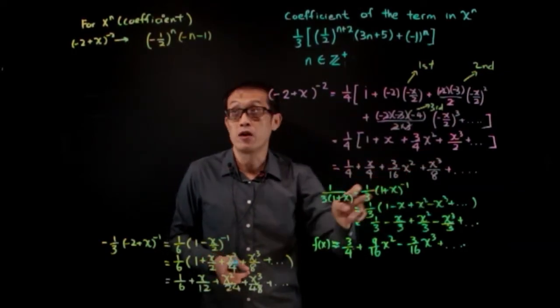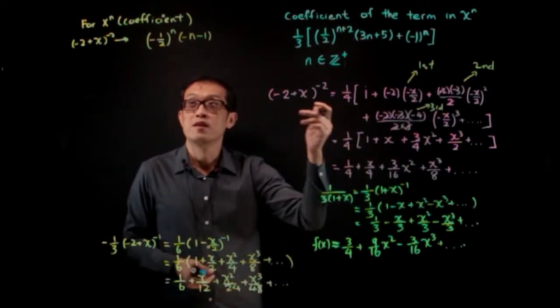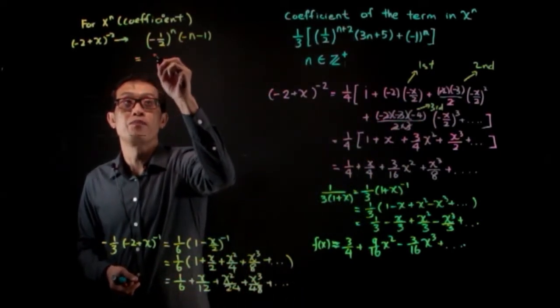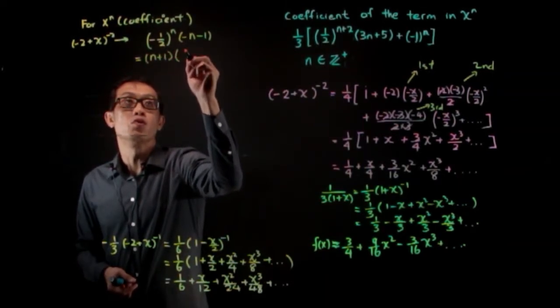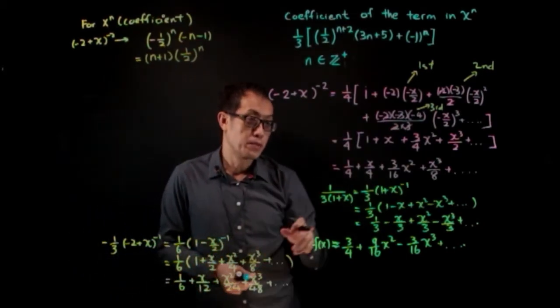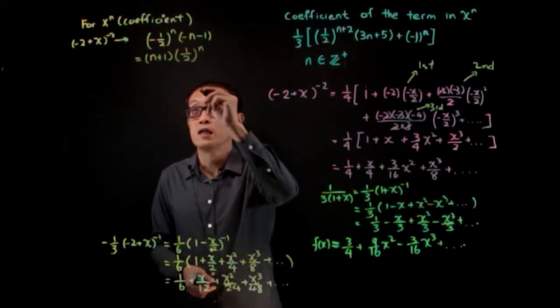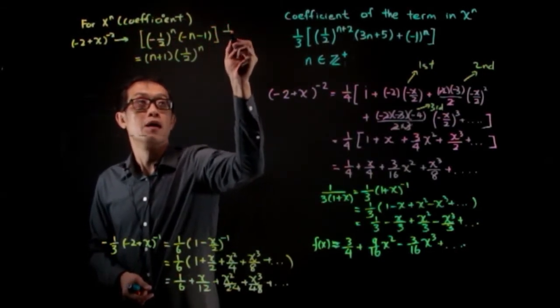Your final results are all positive. So we can write it in this form, n plus 1 into half to the power of n. Now please don't forget there's a 1/4 here, so you need to multiply this by a quarter.